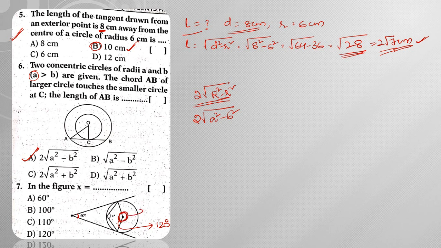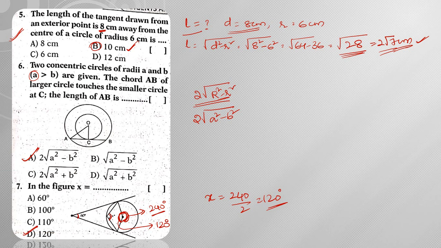This angle will become 240. So if the central angle is 240, then the angle in the segment, the angle in the circumference of the circle, will be exactly half of it. So x is equal to 240 by 2, which is equal to 120 degrees. Hence the answer is 120.